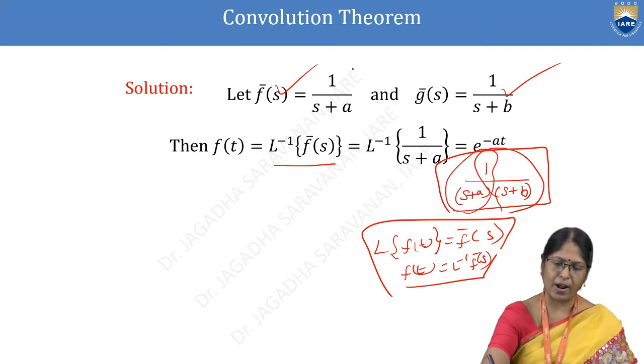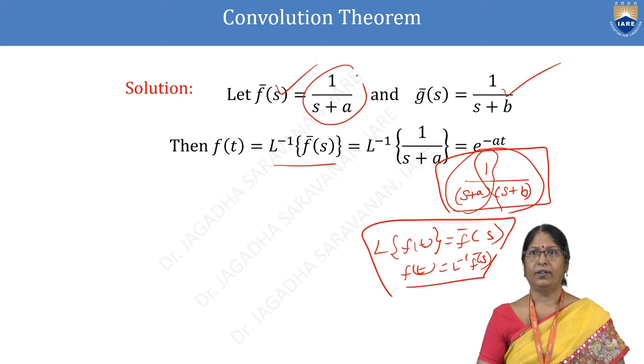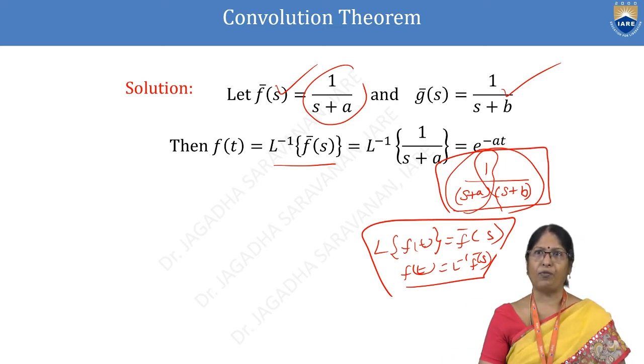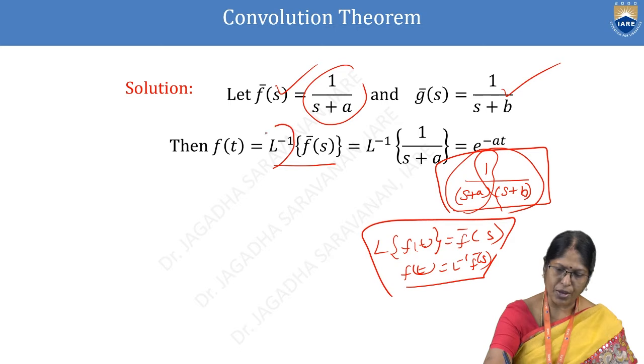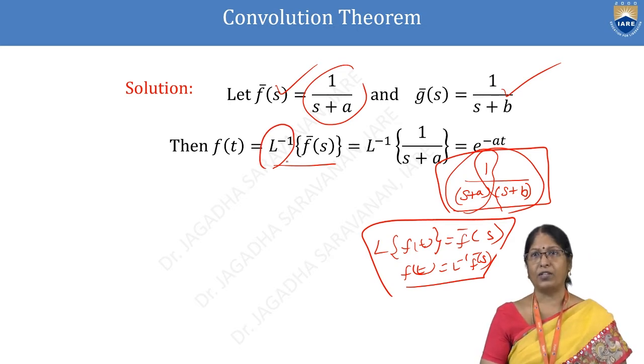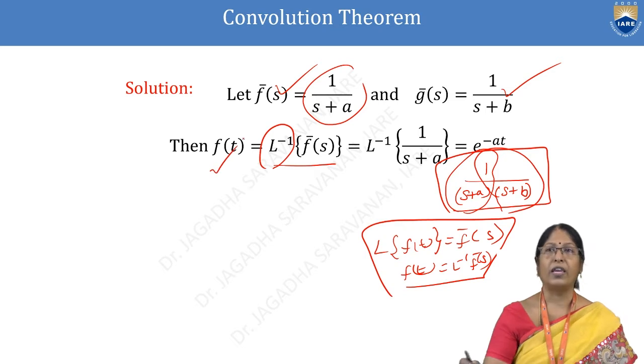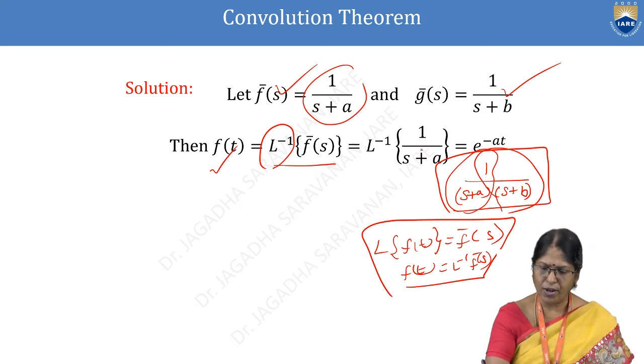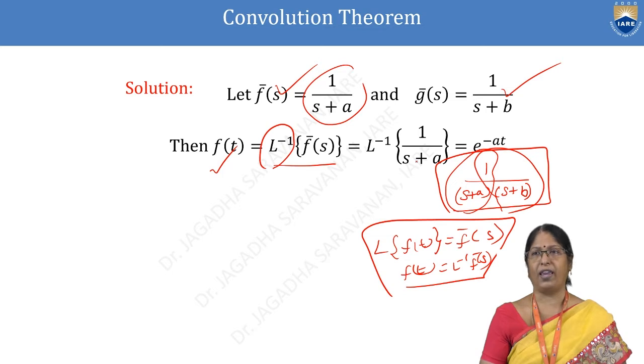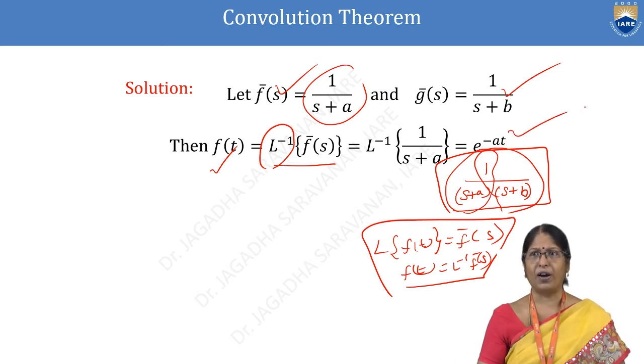One particular part of our question that we assumed as f bar of s, we are finding the inverse Laplace transform with the help of the inverse Laplace operator. With this, we find f of t. So L inverse of 1 by s plus a is nothing but e power minus at. This is the elementary function formula.